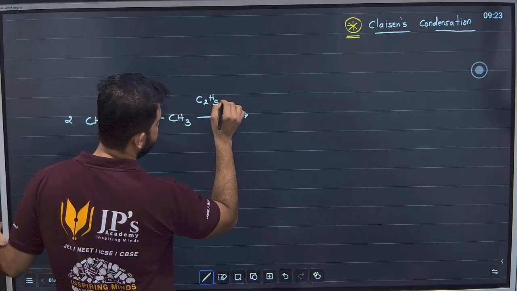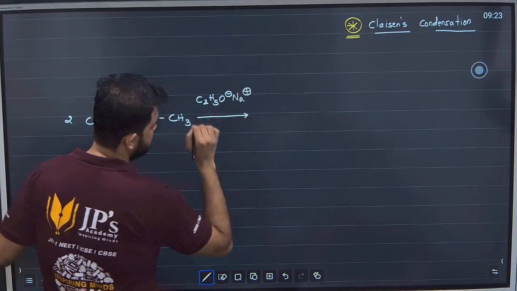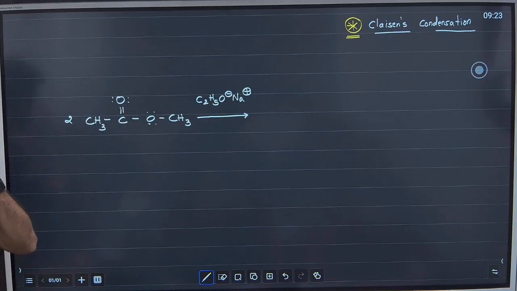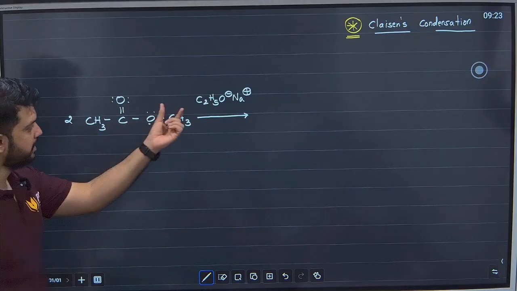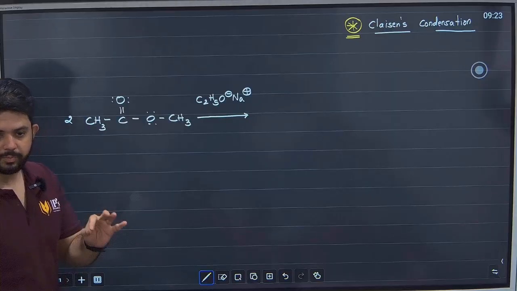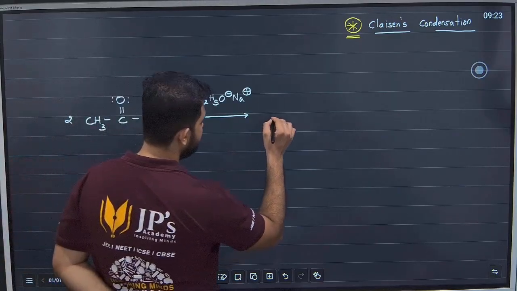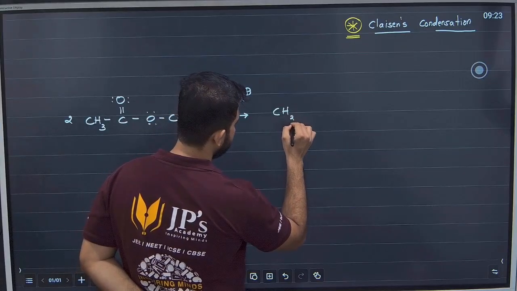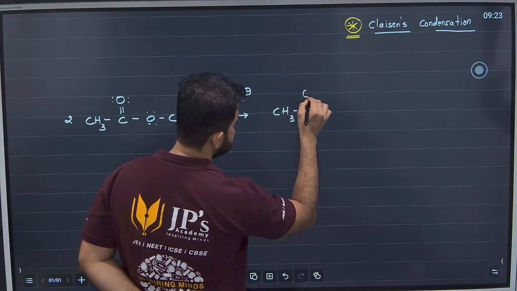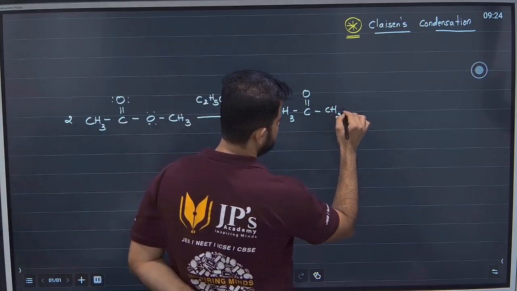Along with that I have sodium ethoxide. ये बेस यहाँ पे हमारा proton extraction का काम करता है, just like we did in aldol condensation. And the final product will look something like this. इसको हम mechanism से समझने की कोशिश करेंगे.